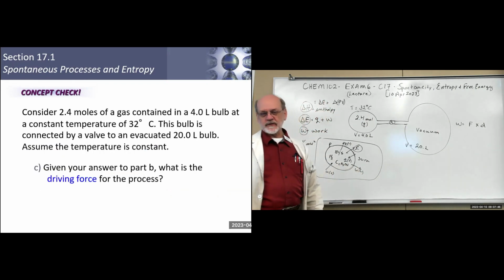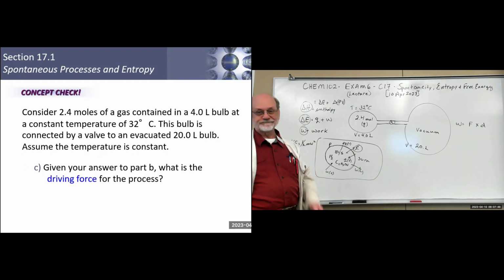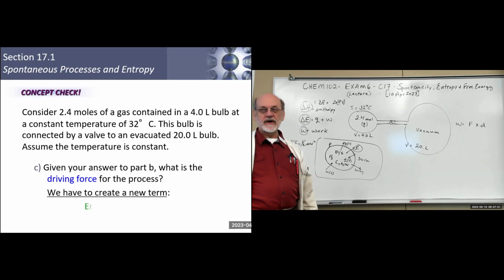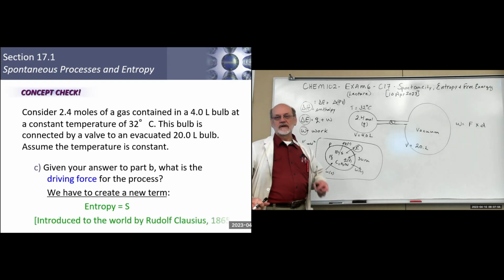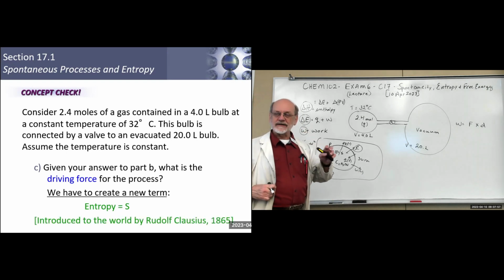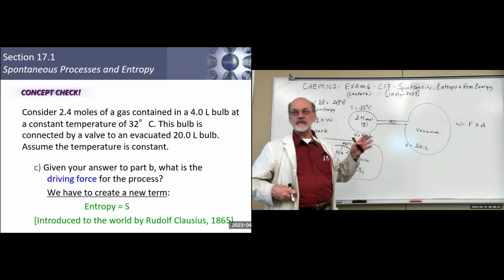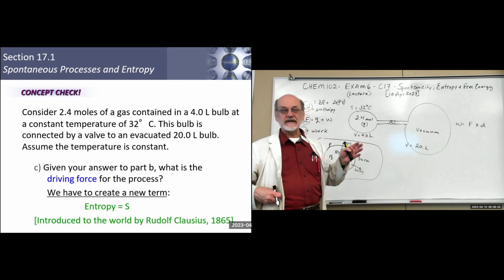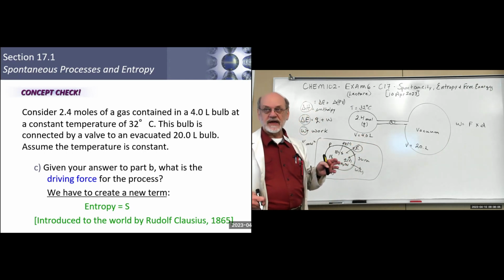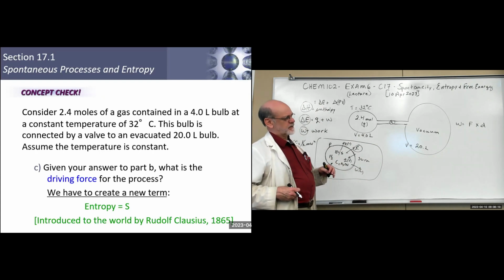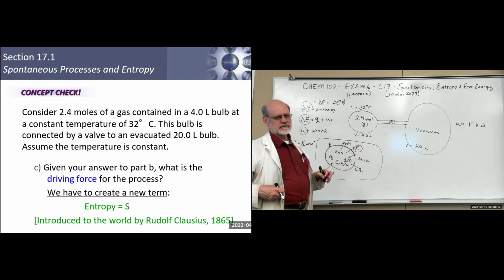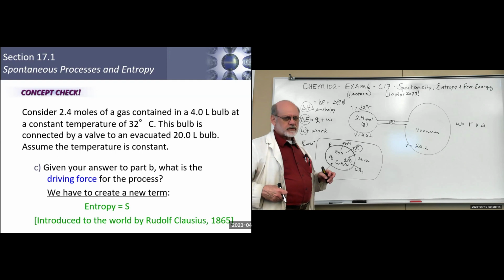What's the driving force for the process? Well, we have to create a new one. We have a new term to try to get at what's happening in this system. And this was introduced in the mid-19th century by a man by the name of Rudolf Clausius. I'm not sure, Rudolf says German, but I'm not sure about Clausius.